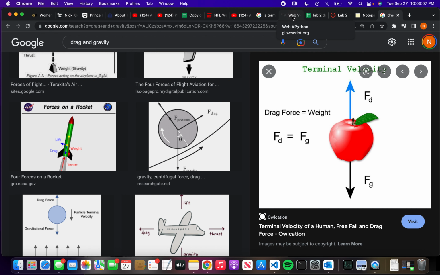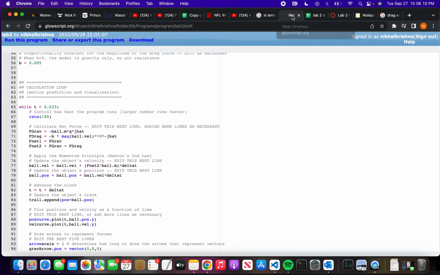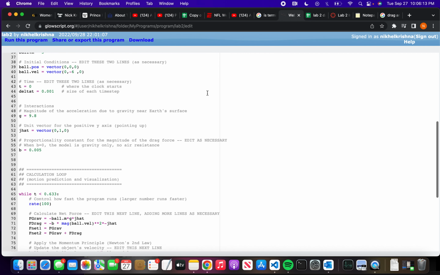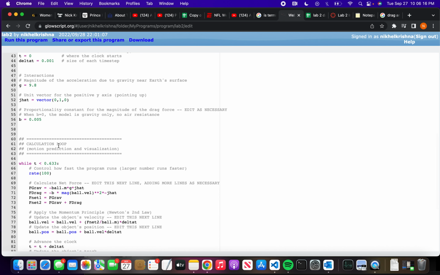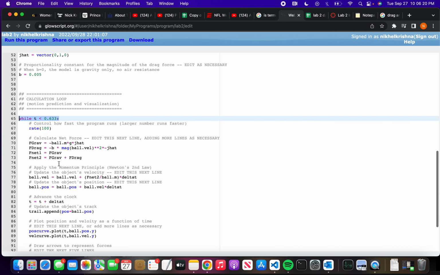To create our models, we used GlowScript. Here we have our first while condition, which is the time of the movement.